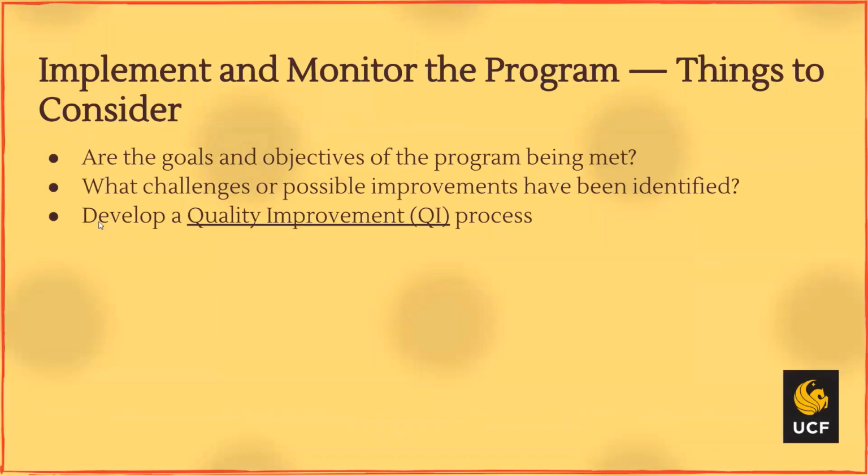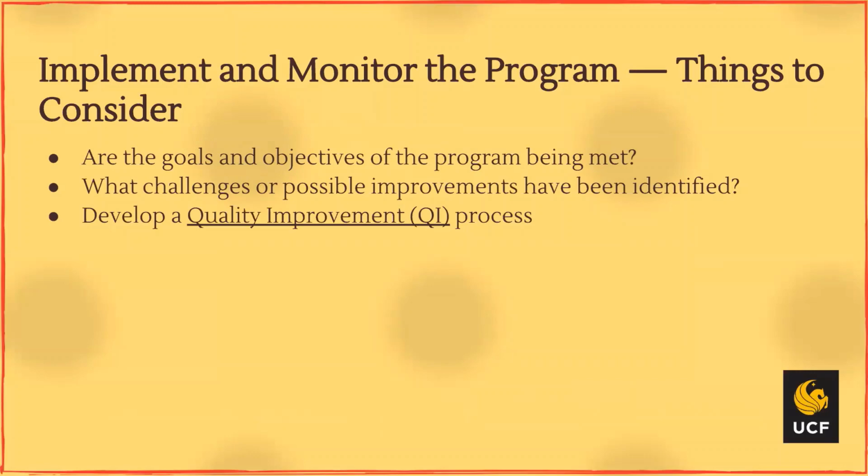And then last but not least, once your objectives and your measures and your metrics are in place, then you can go ahead and implement the program, get started, and at this point, that's when you start collecting data.